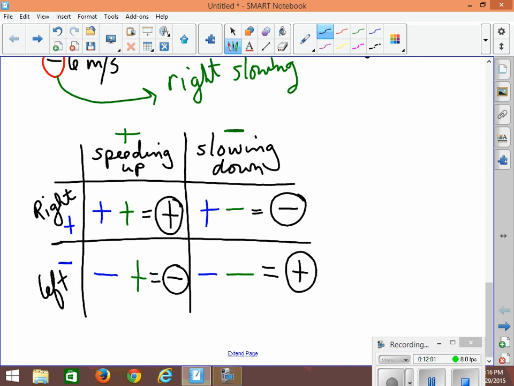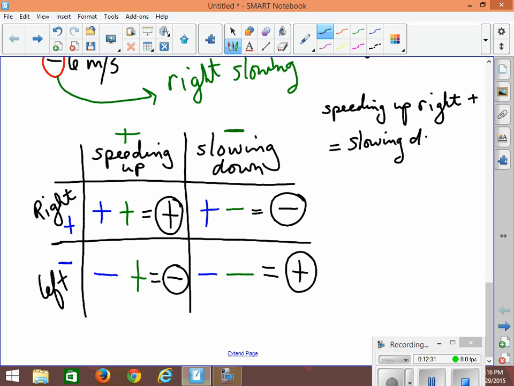So from this little chart, we can see two important things. In terms of the sign, the plus or the minus, speeding up to the right is a positive acceleration, and that is exactly the same as slowing down to the left.